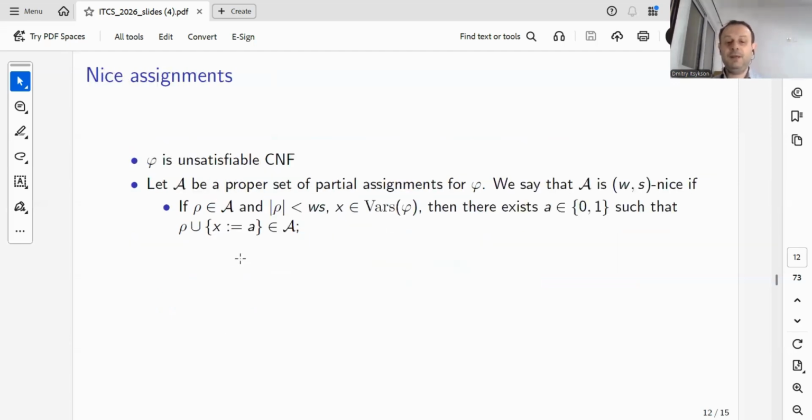Consider formula phi and a proper set of assignments A. We say that A is WS-nice if it additionally has two properties.